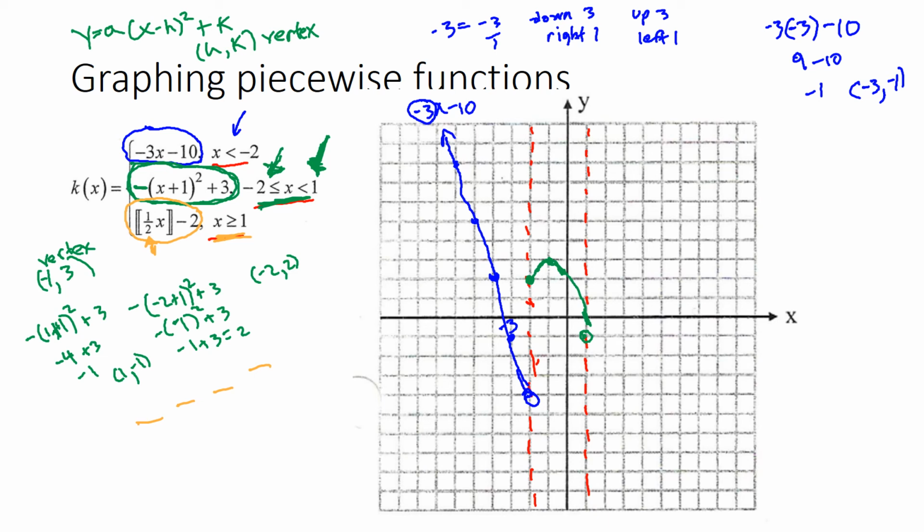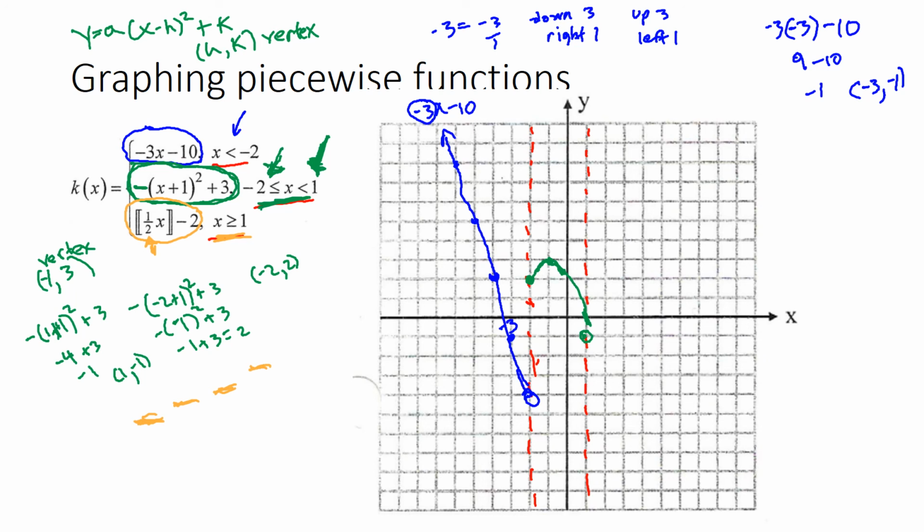If it were 1/3, it would be a horizontal stretch by a factor of 3, and 1/4 would be a horizontal stretch by a factor of 4. So if we applied everything, then we're going to end up with basically stairs that are the size of what the denominator are. So if the denominator is 2, then it will be 2 units across. If the denominator is 3, then it will be 3 units across on each step, and so on.